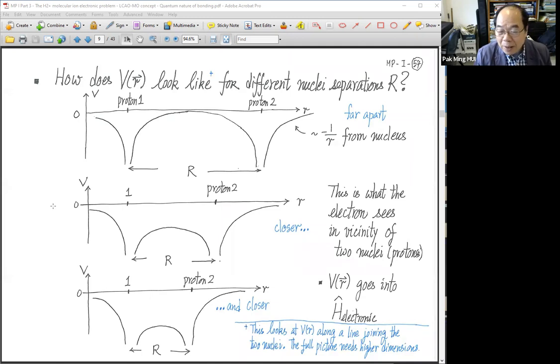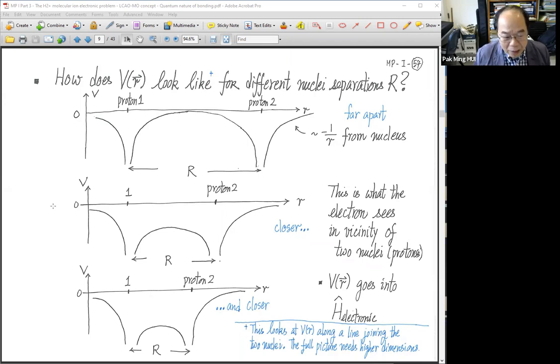The question now becomes how one electron and two protons could bind together to form a stable molecular ion. If we understand that, then it's rather easy conceptually to extend it to the understanding of hydrogen molecules, H2 molecules, and many other molecules.